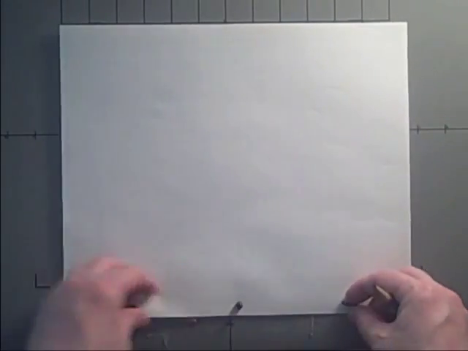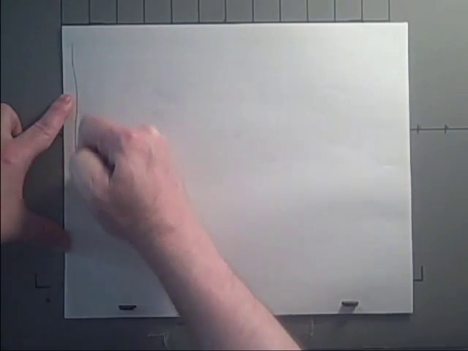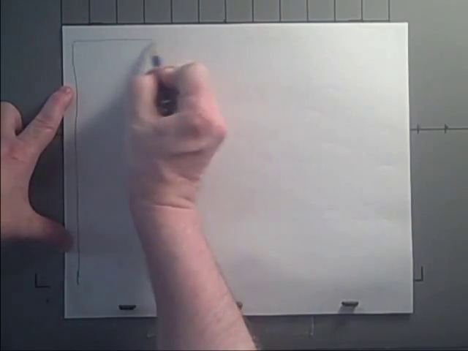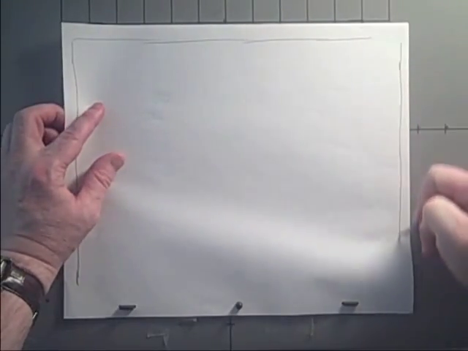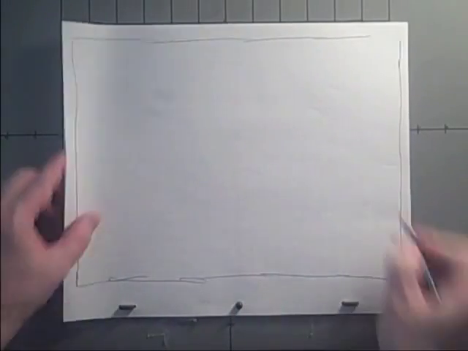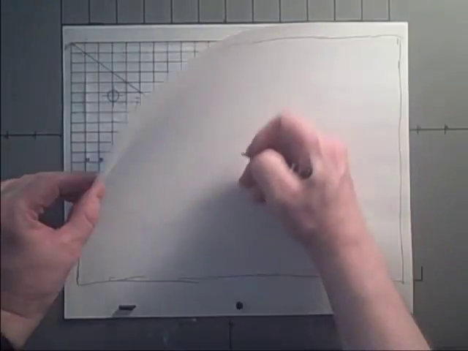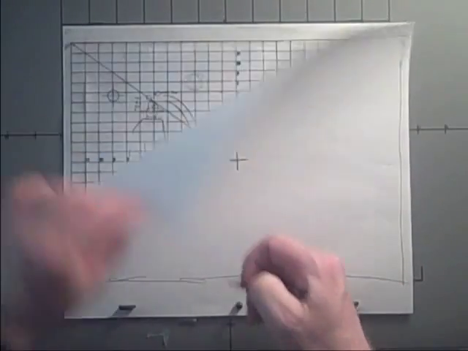We want to trace off our outside border. So this, and we will indicate where our center is, right there.